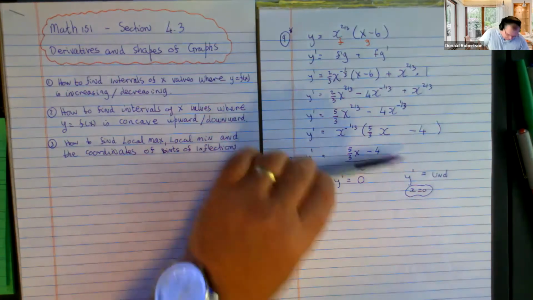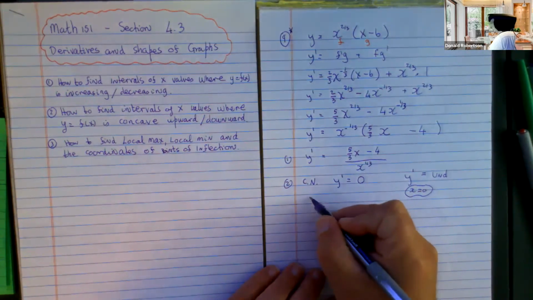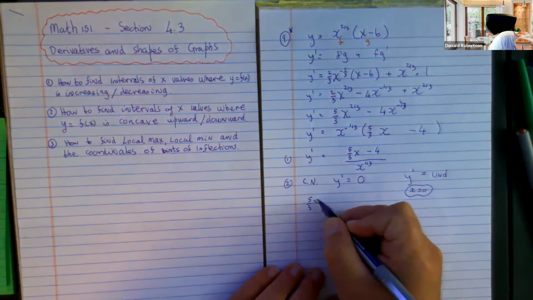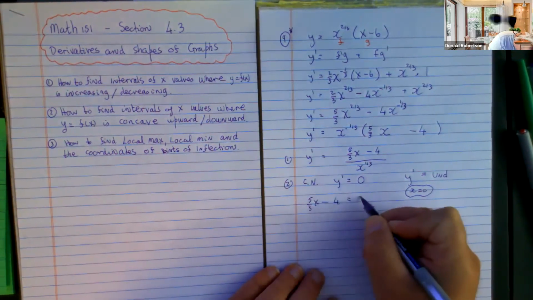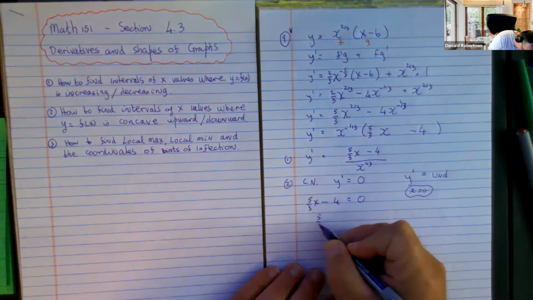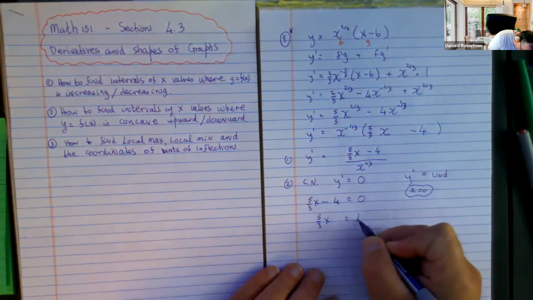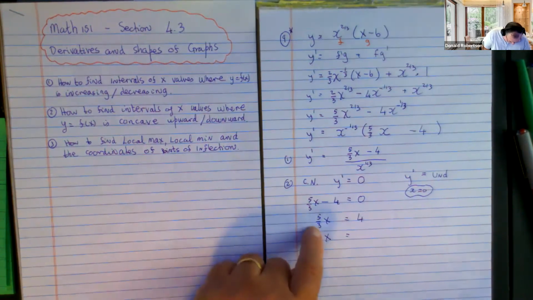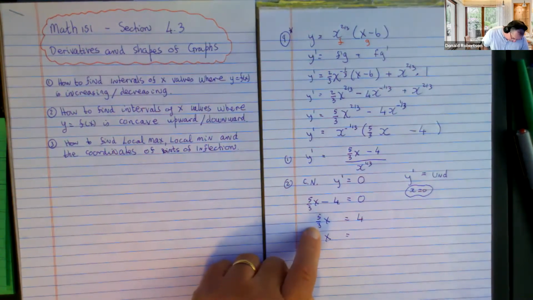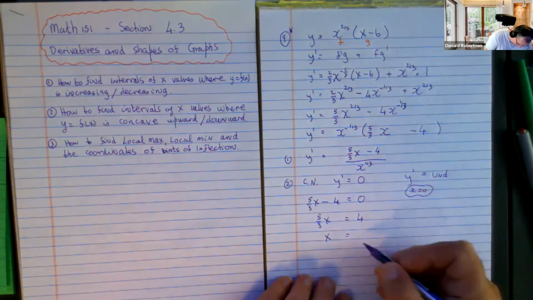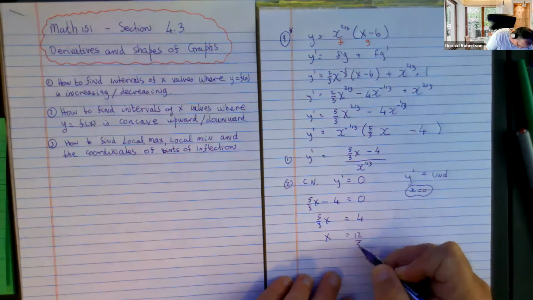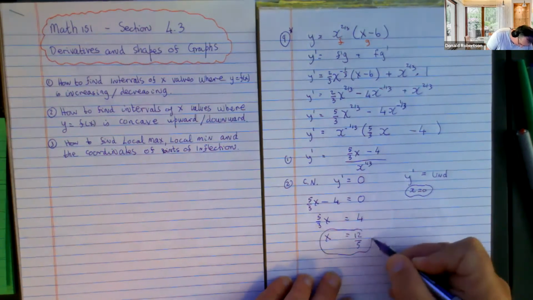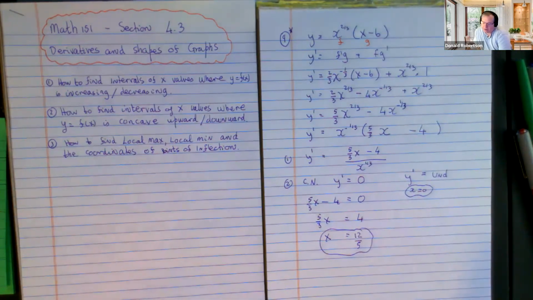It doesn't matter what really is going on at the bottom. So we need to solve 5/3 x take away 4 equals 0. If you add 4 to both sides and you divide both sides by 5/3, which is the same as multiplying by 3/5, can you trust me that there is your second critical number?